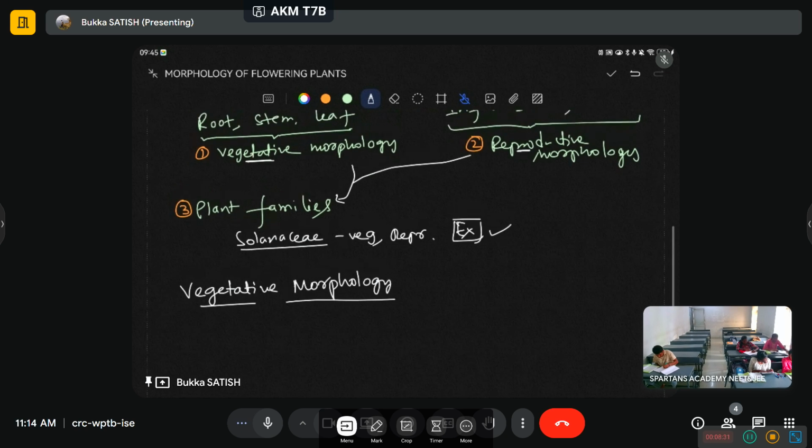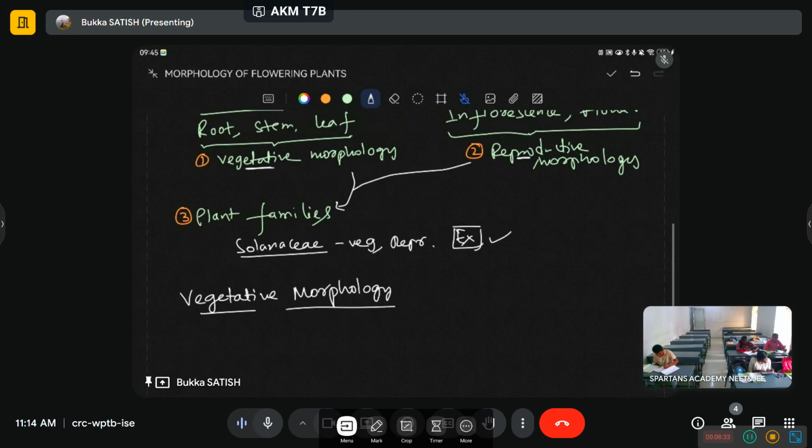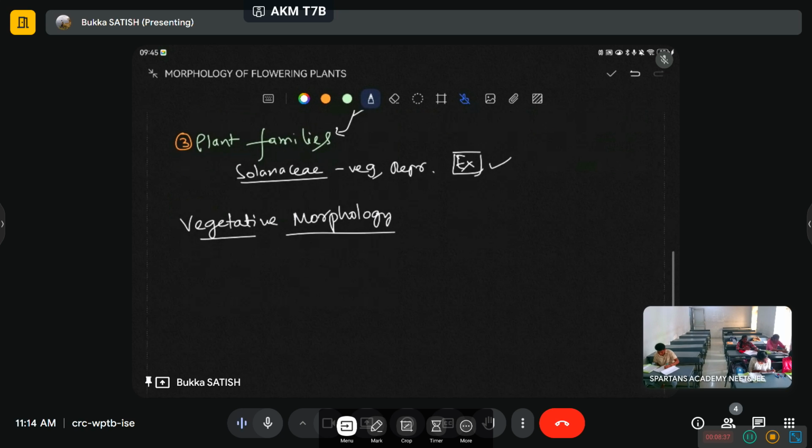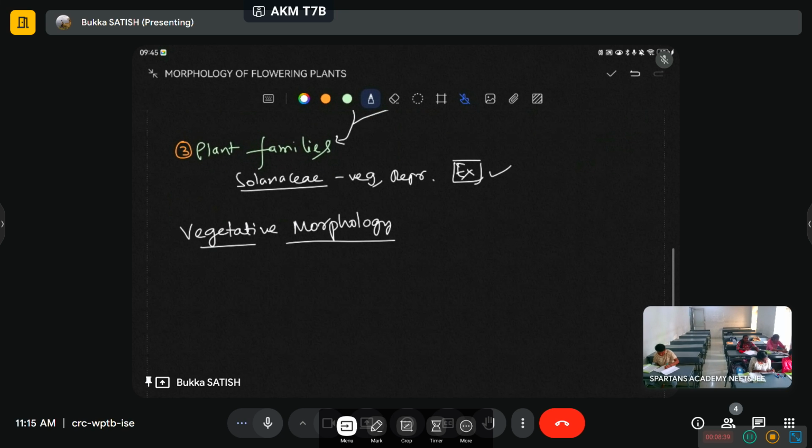Right. Before jumping into root, stem, leaf and all, let us understand one important part inside the plant, that is the embryo. There are some technical terms related to this. We need to understand that, then we'll proceed to the different parts in the plant.